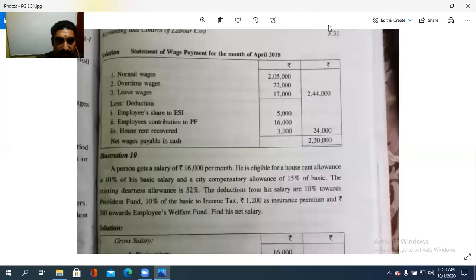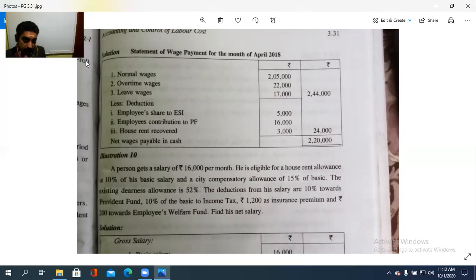That is what is to be found here. So the normal wages 2,05,000, overtime wages 22,000, leave wages 17,000 are all added, because whatever wages are there are treated as normal wages.